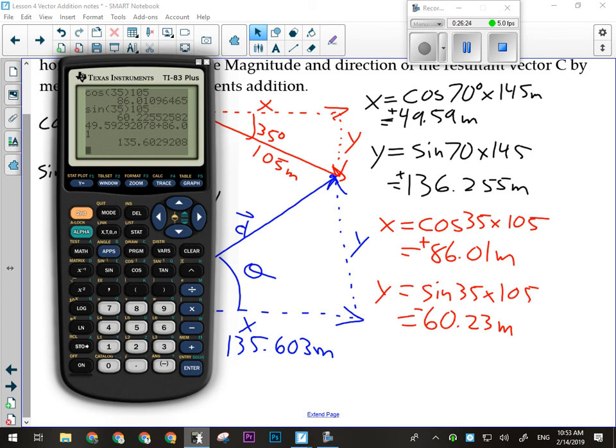Okay, so I'm going to go negative 60 point. I lost my full number there, so I'm just going to do that calculation again, just so that I get all the decimals again.